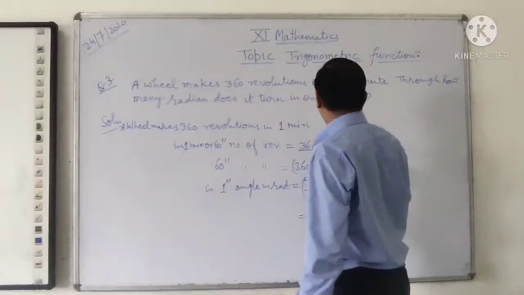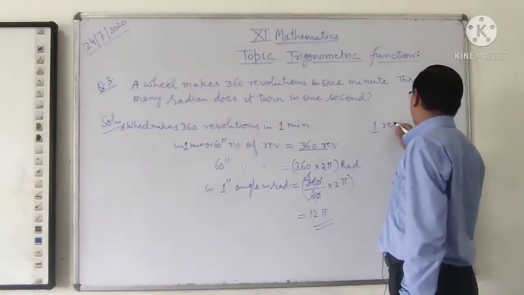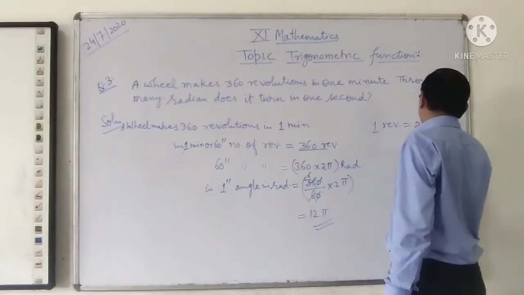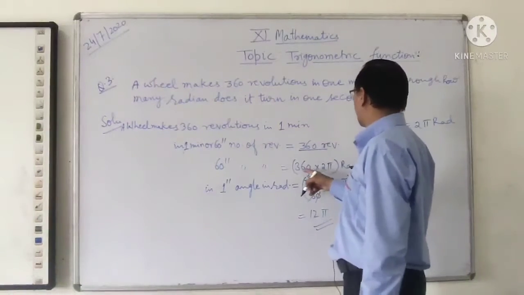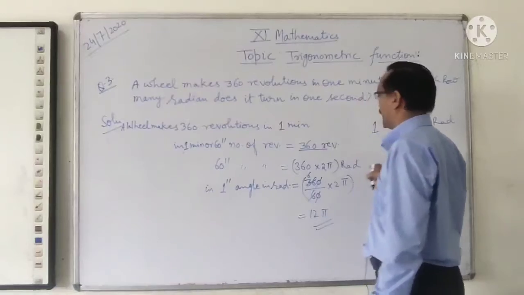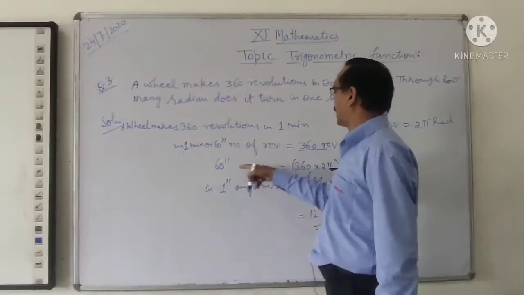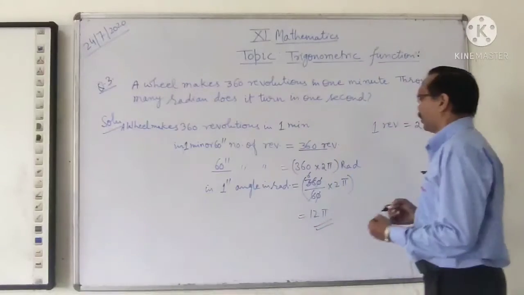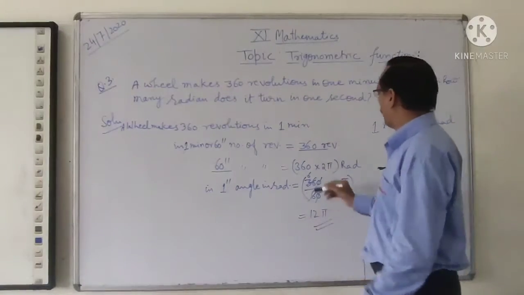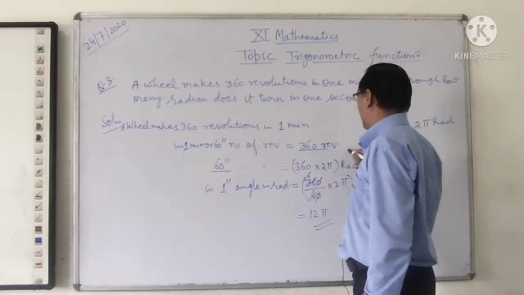Right? One revolution means 2 pi radian. So it is 360 into 2 pi radian. In 60 seconds, the angle is 360 into 2 pi radian.